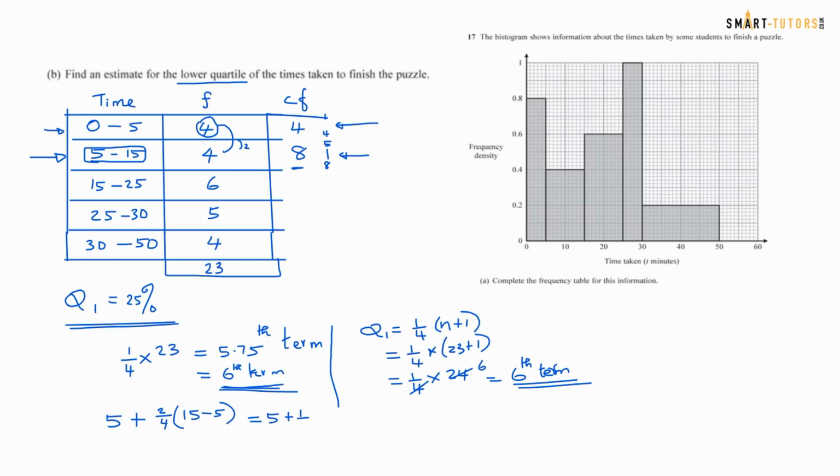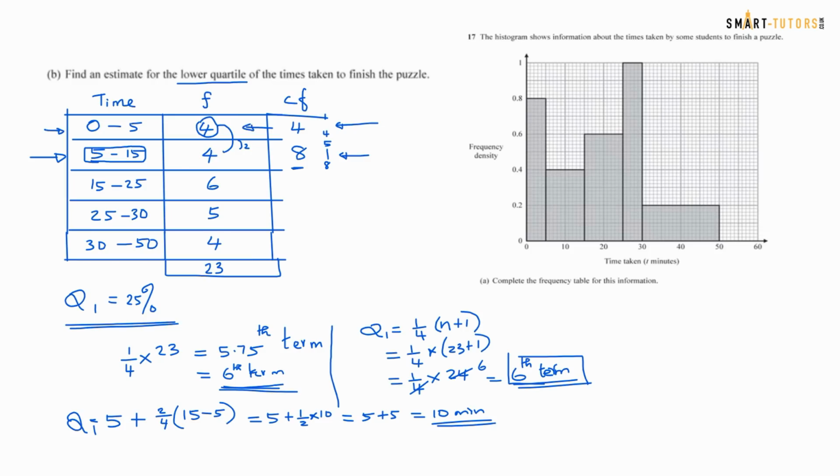The class width is 15 take away 5. So that is equivalent to 5 plus 2 upon 4, which means half, times 15 take away 5, which is 10. 10 divided by 2 is 5. 5 plus 5 is the answer. 10 minutes is the lower quartile.